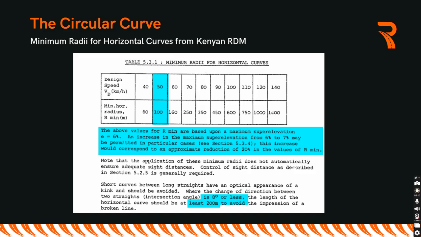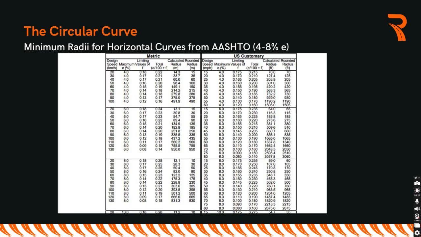But when this increase is effected, it means you need to have a corresponding reduction of the radius by at least 20%.